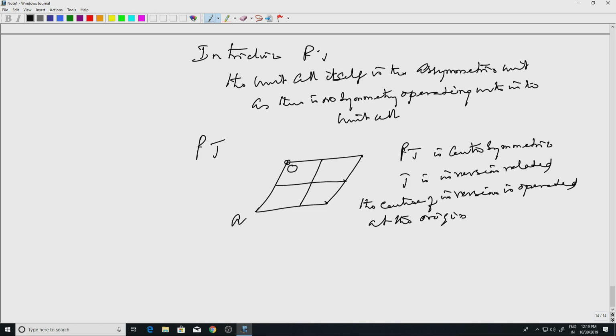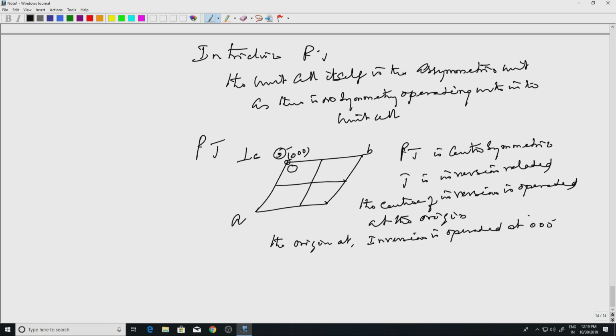This is A and this is B happen to C. Origin at 0, 0, 0. Inversion is operated at 0, 0, 0. So you get this one. It's an enantiomer and a minus sign.